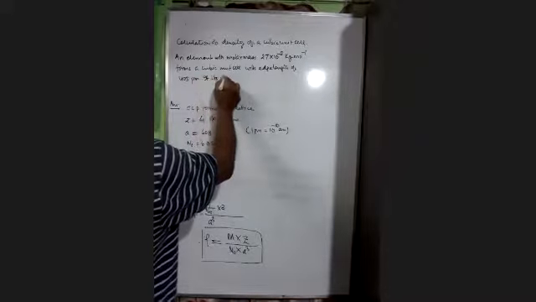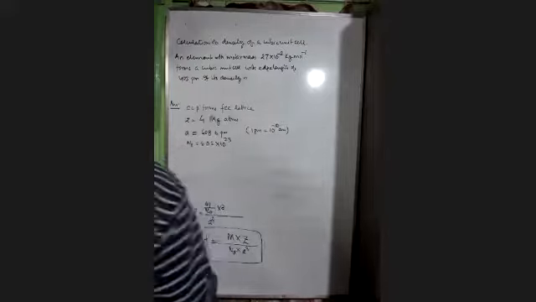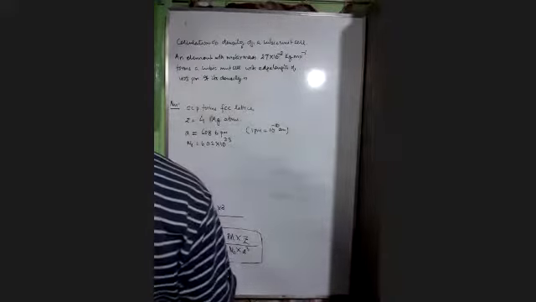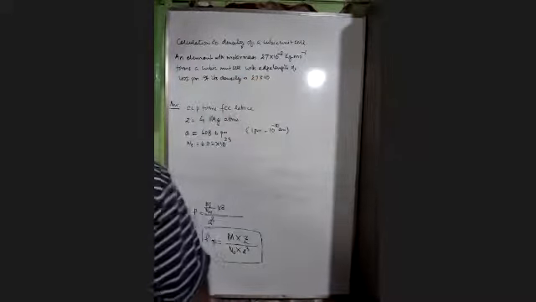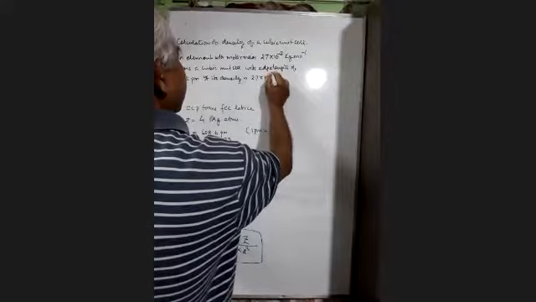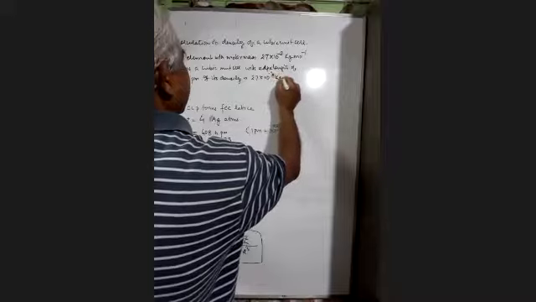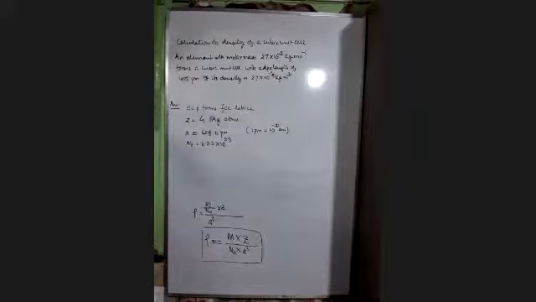If its density is 2.7 into 10 to the power 3 kg meter cube, what is the nature of the unit cell? There's something wrong in your book.